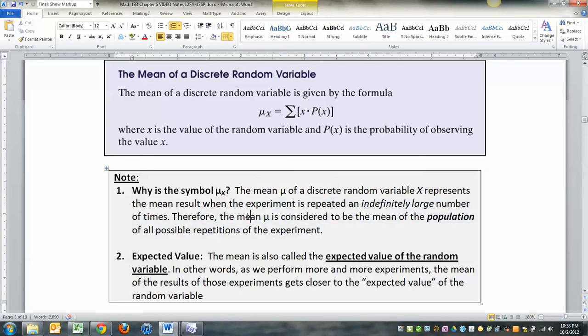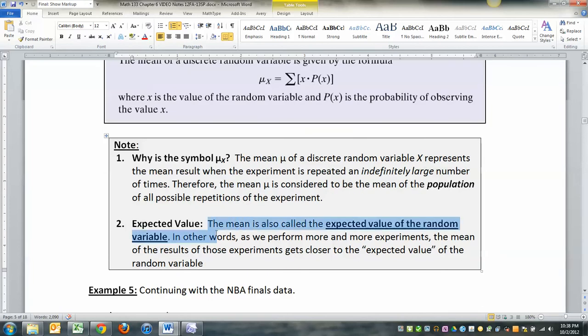Because you're assuming that the probabilities you come up with are how that population of future events is going to occur. Now, the expected value. Remember way back in chapter 3 when I first taught mean, I talked about calling the mean the expectation. You'd say, I expect 4 kids, give or take 1 kid. I expect an 80% on this test, give or take 10%. So that expectation is what the mean actually is.